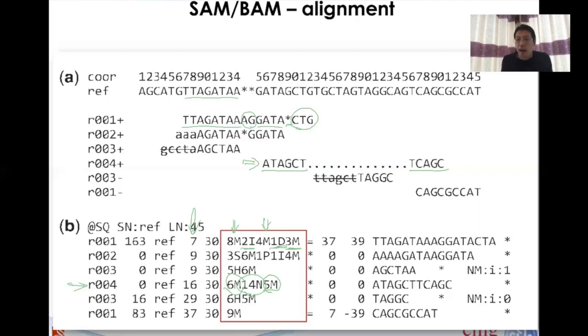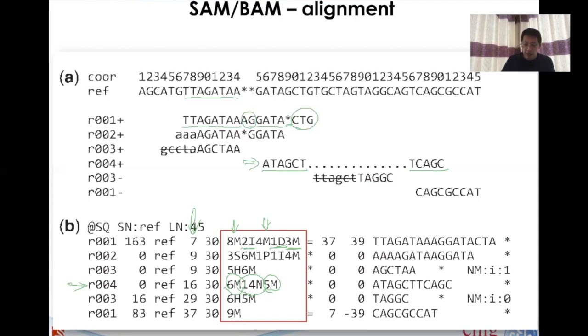This happens a lot in RNA sequencing alignment. Keep in mind when we do RNA sequencing, we are sequencing the mature messenger RNA, at least that's our intention. But when we map a read from the mature messenger RNA into the reference genome, sometimes they will cross the junctions. So one end is in one exon, the other in another exon, and that leaves a big gap in the middle.